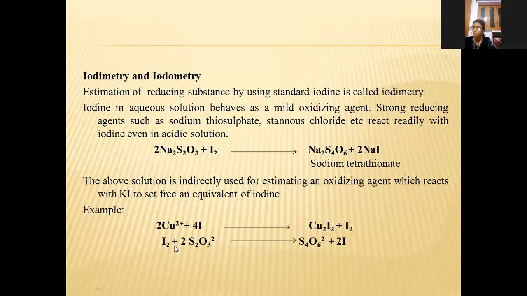This iodine, when treated with two molecules of thiosulfate, gives tetrathionate, S4O6, and two iodide ions.